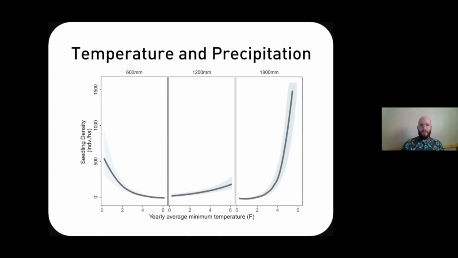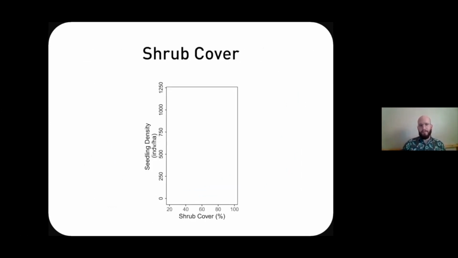What's interesting to note is that this doesn't interact with planting, which suggests that in any of these hot, dry, cool, wet places, you can have the same boost in seedling density that you see in any other place. So any place along this gradient is a fine place to plant and not waste your efforts. And you might want to plant in the places where natural regeneration is not successful.